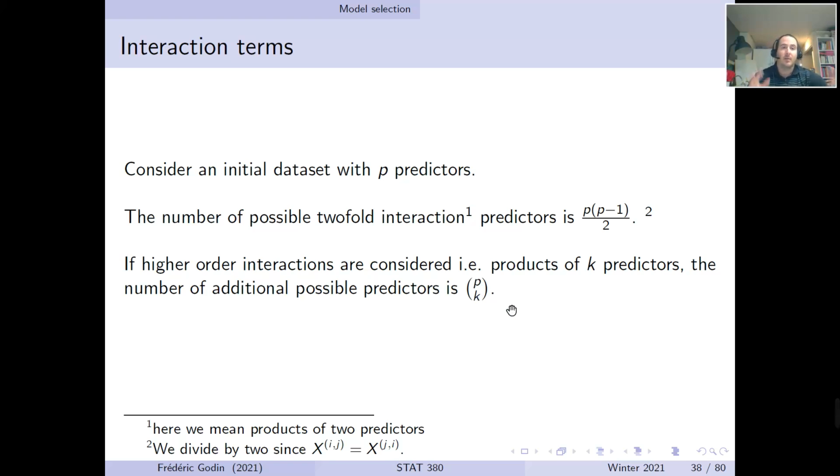So you started with a data set with p predictors. Now by including interactions, you might get a number of predictors of order p to the power 2, or maybe p to the power 3, or if you use order k interactions, something like p to the power k.